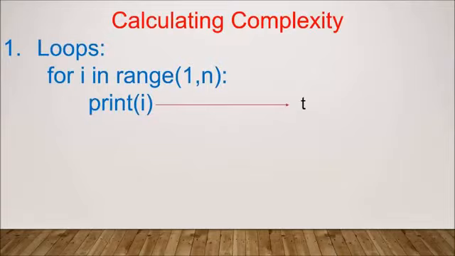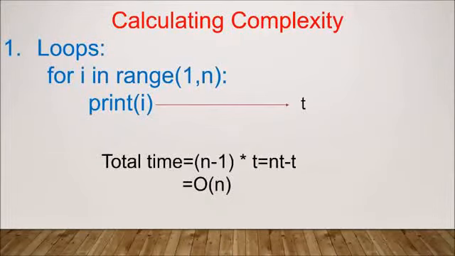So obviously you can see how many times this loop will execute: n minus 1 times, because it is starting from 1 and going up to n, and the upper limit is exclusive. So the total time needed will be n minus 1 into t.